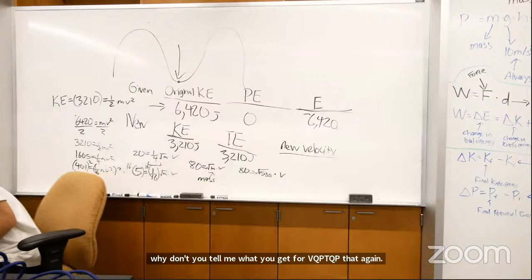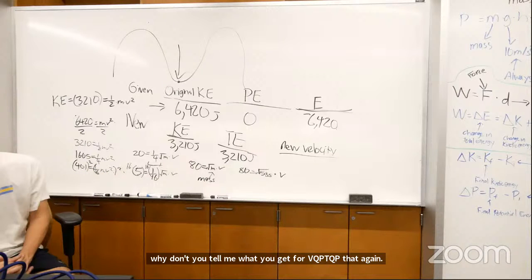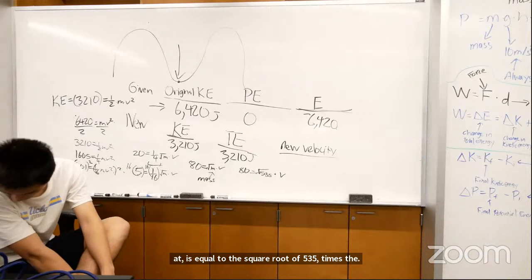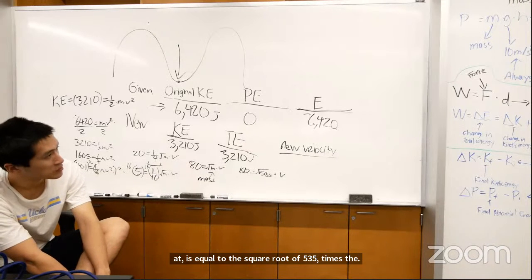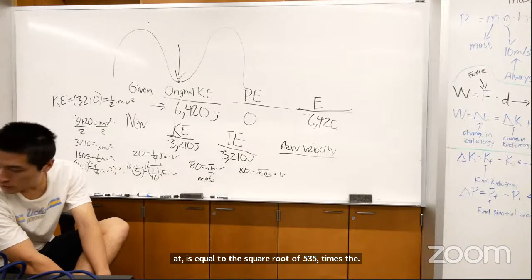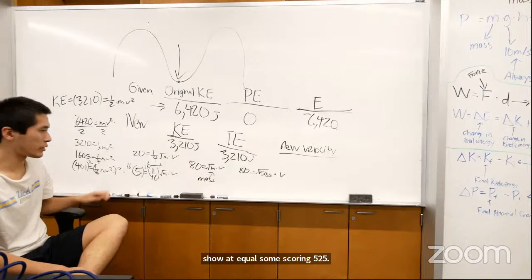So 80 is equal... I'm taking the square root of 535. 23.13. Okay. So what do you want to do with that?